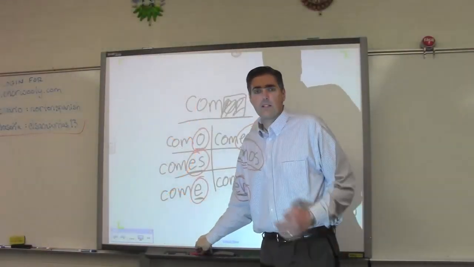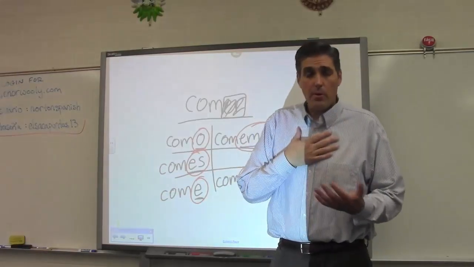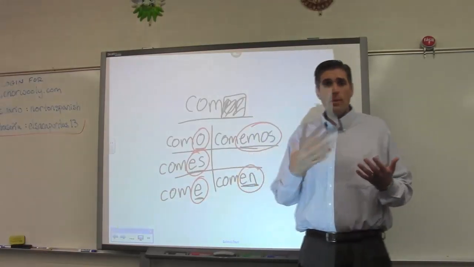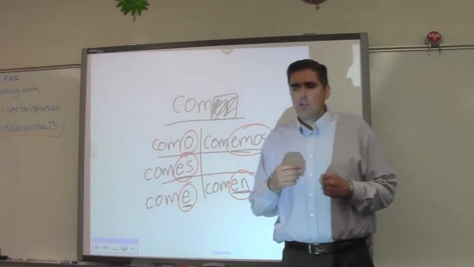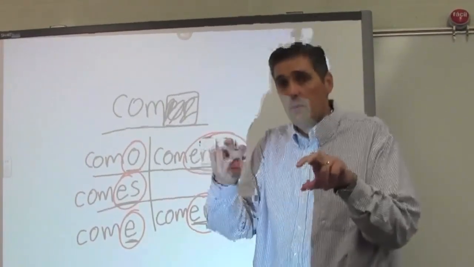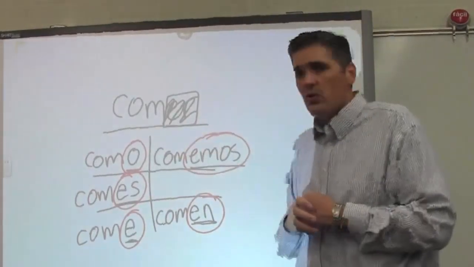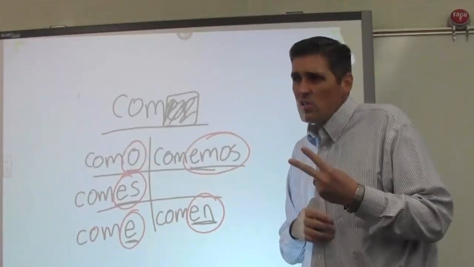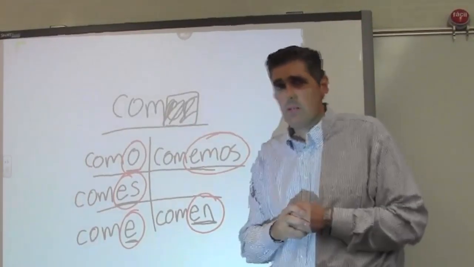Let's put it in context here. Por la mañana me gusta comer huevos. Los huevos son deliciosos. Los huevos con un poco de queso, sal y pimienta. Como los huevos, yo digo 2 o 3 veces por semana.